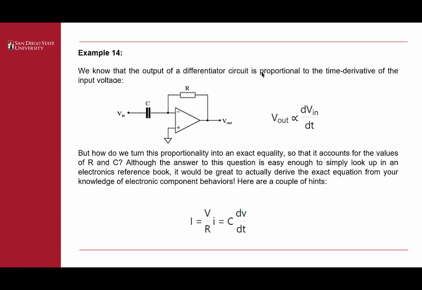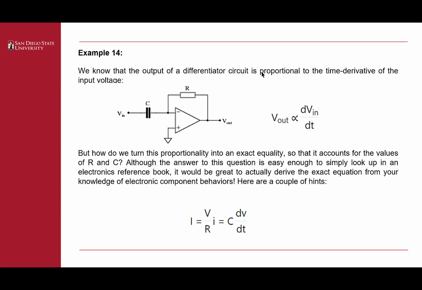The average current that is not time varying, shown as capital I, equals capital V over capital R. So this notation is for time invariant variables, and it is usually representing an average value. And the time varying current, which is lowercase i, equals C, the capacitance value, times dV/dt.